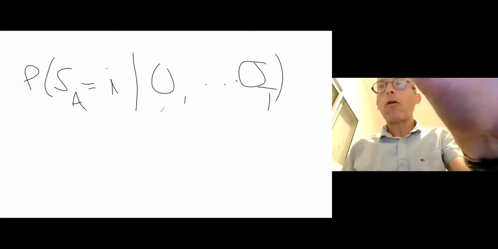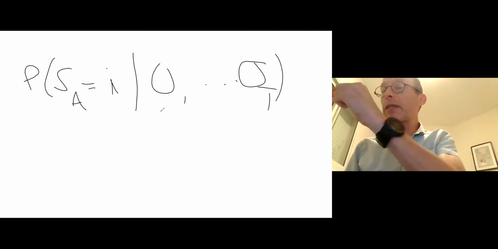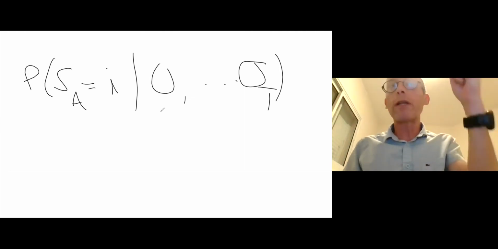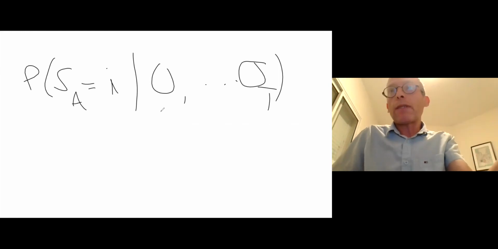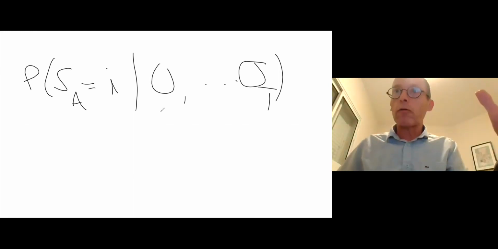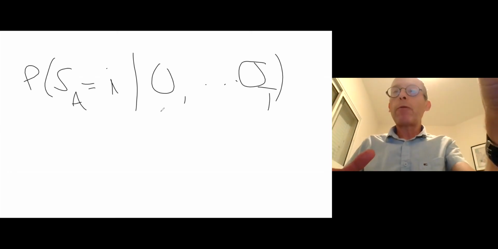Because all of these observations, even observations after the state, can tell us something. It's true that if we know the state, we are independent. But if we do not know the states and we want to know the probability of the states, we have to condition on all of the observations. This is not something we know how to compute.